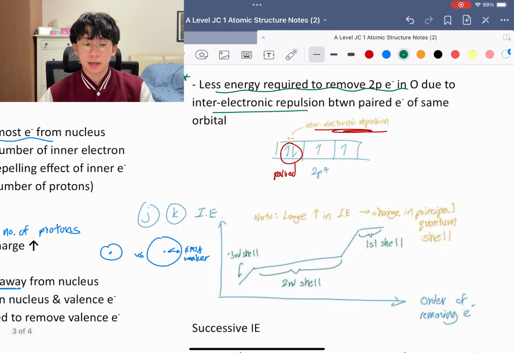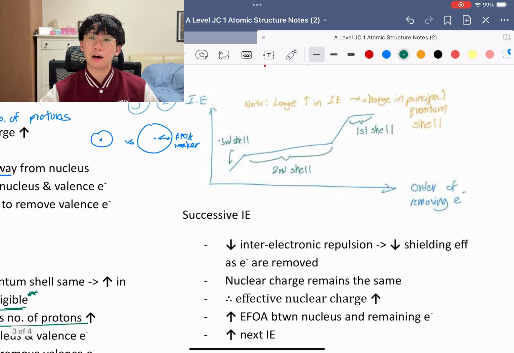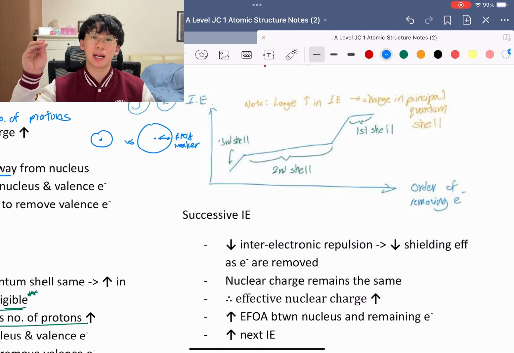Now on to successive ionization energies. So whenever you're given a graph of successive ionization energy, I think it's important to take note of general trends. So when you see successive ionization energies, when electrons are being plucked left, right, and center from the same atom, and they keep plucking and plucking electrons, in general, there is an increase as I keep plucking electrons.